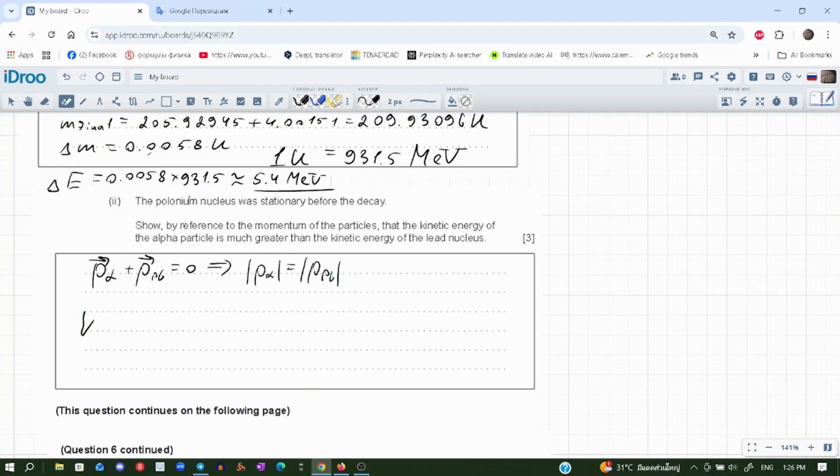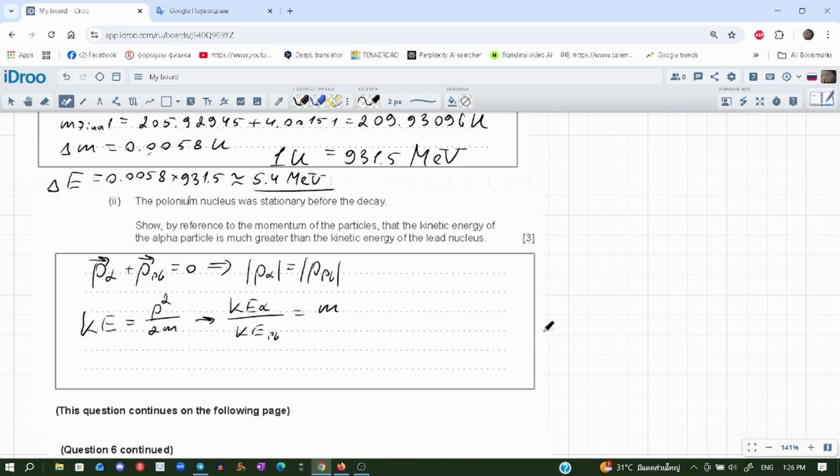But kinetic energy equals momentum squared over double m. So it means that the ratio of the kinetic energies, kinetic energy of the alpha particle over kinetic energy of the lead, equals the ratio of their masses, because their momentums are equal to each other.